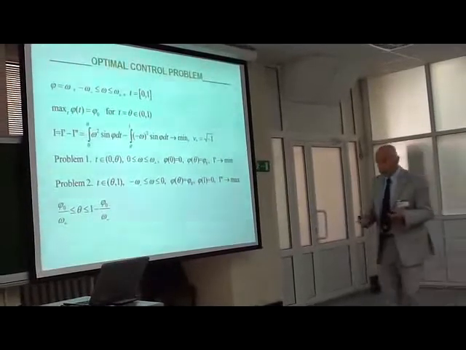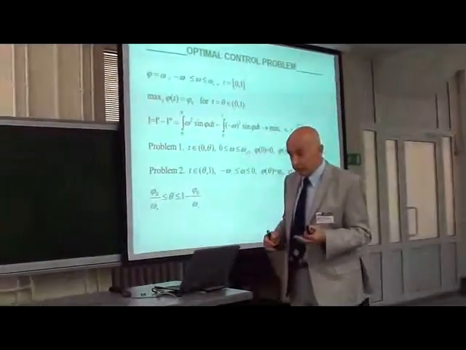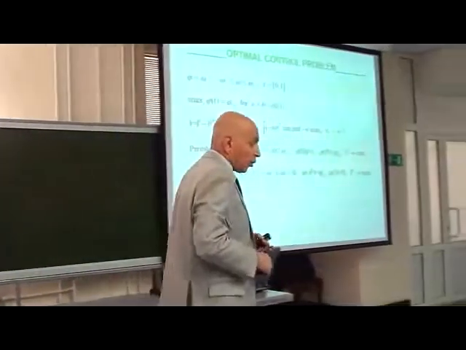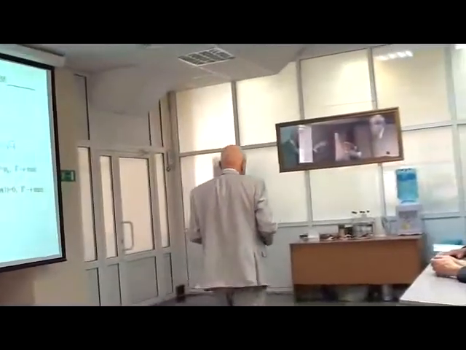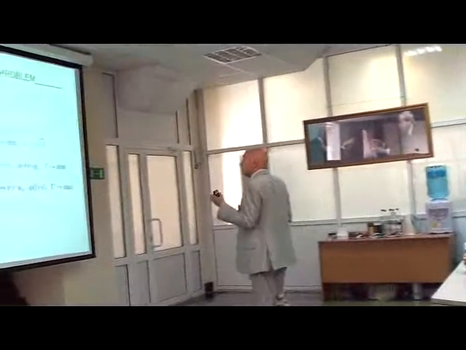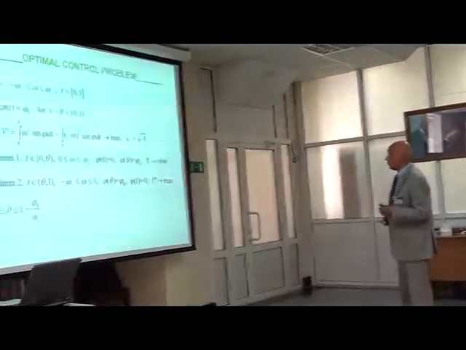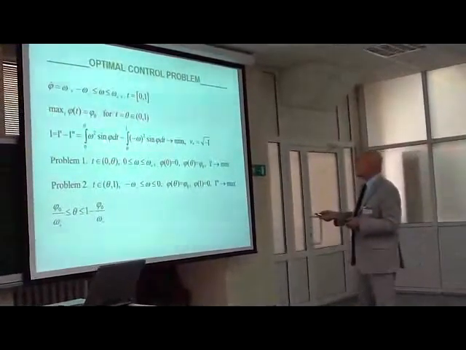So we considered before piecewise linear time history of the angle. But now let us try to find the optimal time history of this angle phi. So here we consider an optimal control problem under the following assumptions.